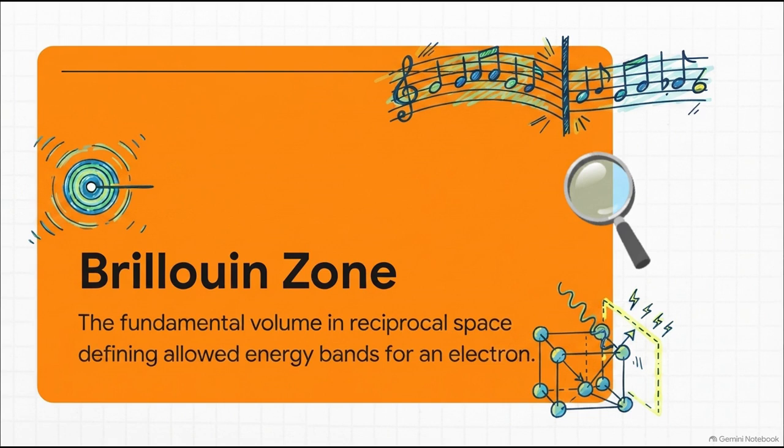The Brillouin zone is basically the fundamental volume in reciprocal space, specifically the area between minus pi over A and plus pi over A. It acts as the ultimate invisible electric fence. It dictates exactly how much energy and what wavelengths an electron is allowed to have before the crystal lattice just bounces it right back. Honestly, understanding the Brillouin zone is the absolute key to understanding energy bands in any solid.